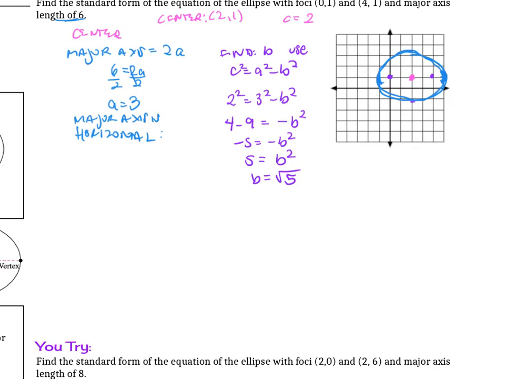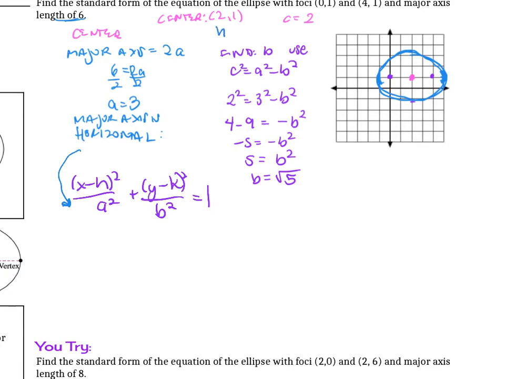Our goal is to find the equation. The major axis is horizontal, so we need to look at (x minus h) squared over a squared plus (y minus k) squared over b squared equals 1. Now a is the longer value, so if it's horizontal, it's going to go under the x. If it's vertical, it's going to go under the y. That's just to help you with the formulas. So let's plug in everything we know.